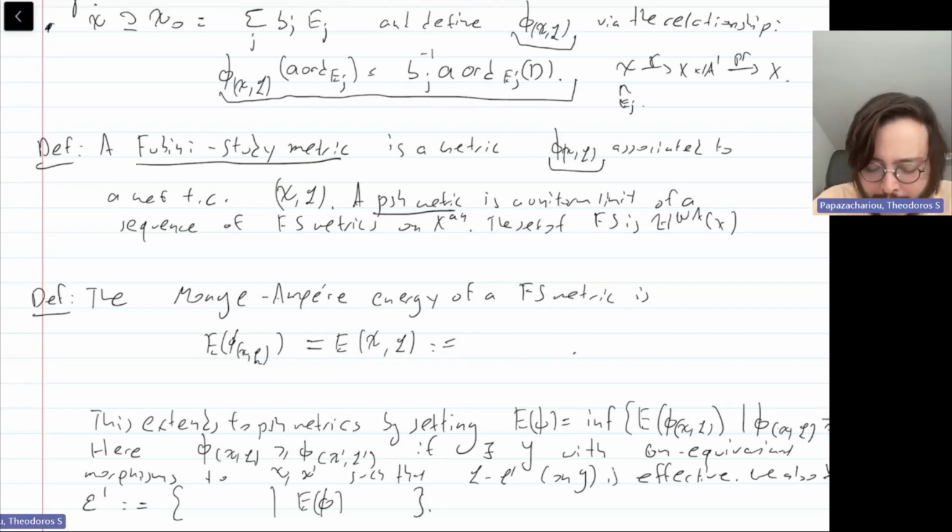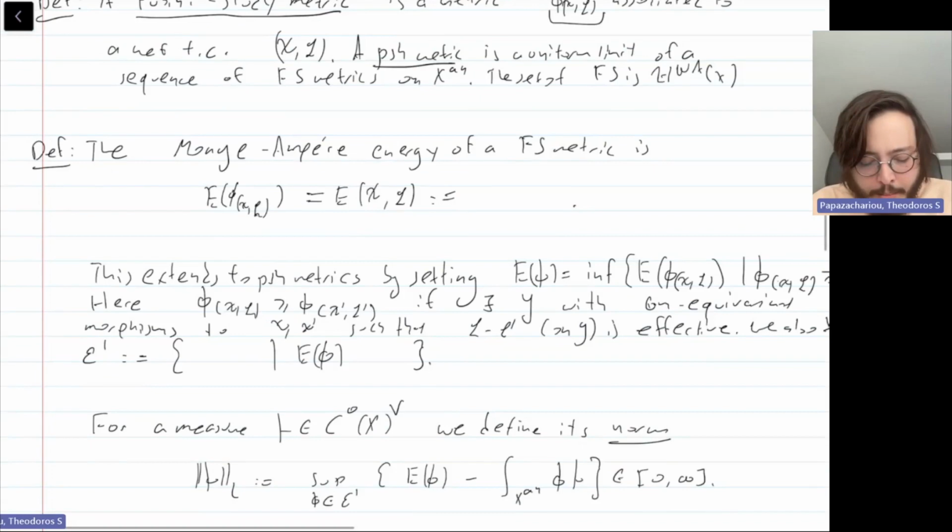And then I can also define PSH metrics, where PSH metrics are uniform limits of a sequence of Fubini-Study metrics on this Berkovich identification. So these are functions, so you can think of them like a uniform convergence of functions, and PSH metrics are uniform limits of sequences of Fubini-Study metrics.